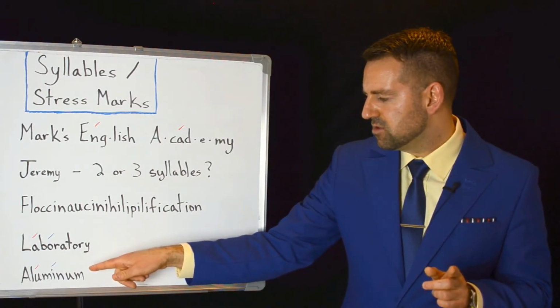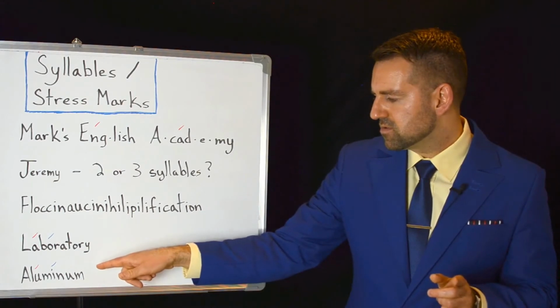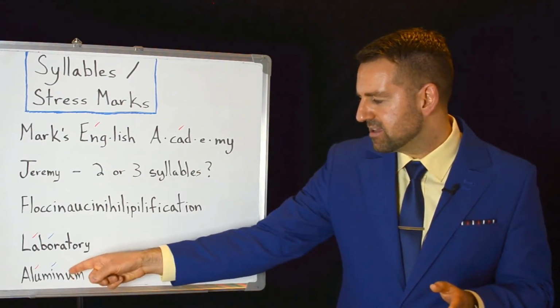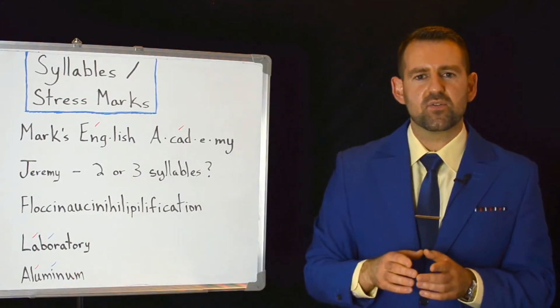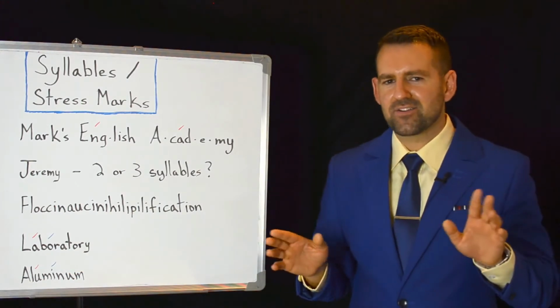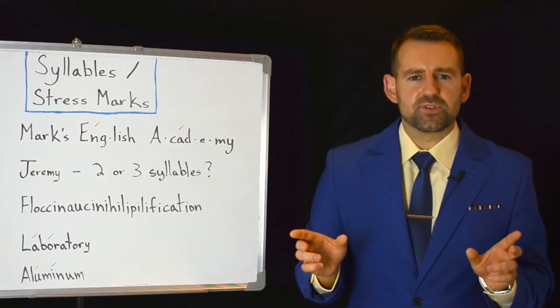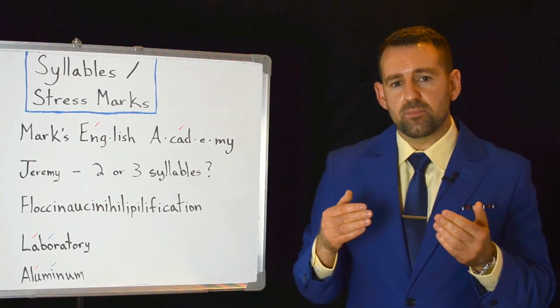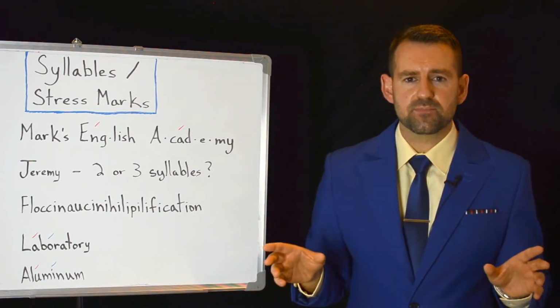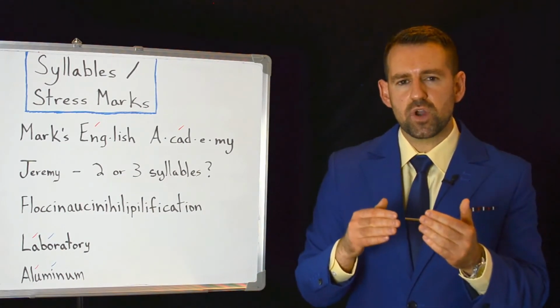They say aluminium. So they add an I after the N when there is no I. I don't know why they do that. But anyway, those are some examples of how, depending on the country you're from, you can put the stress on different syllables.